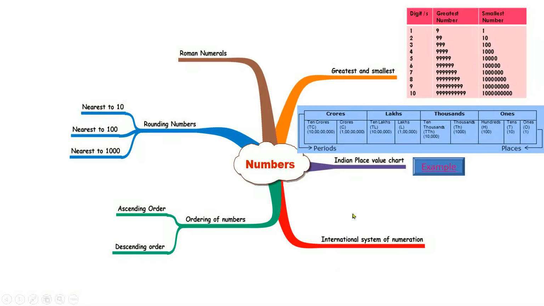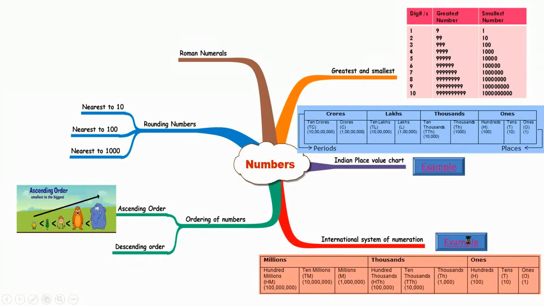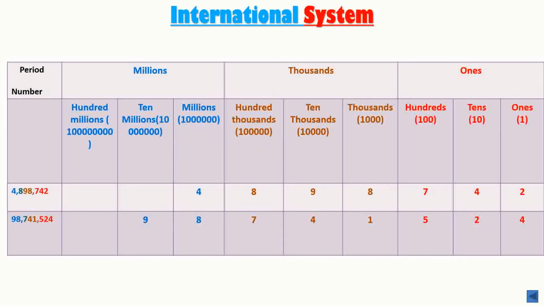The next concept is the international system of numeration. Most countries outside use the international system of numeration. In this system, starting from the right, the first period is ones, consisting of 3 place values, ones, tens and hundreds.